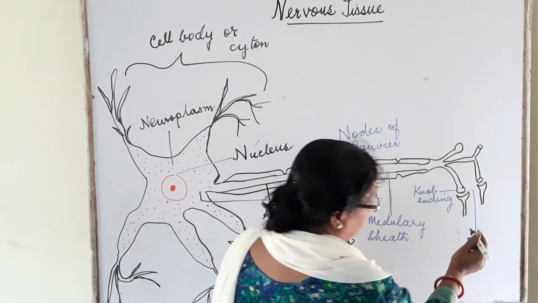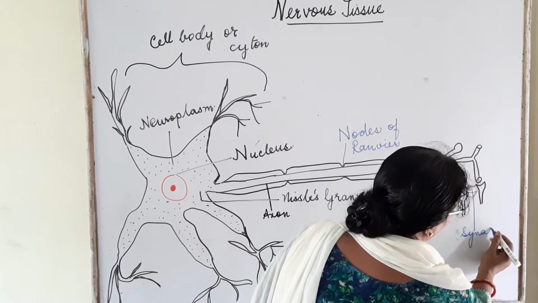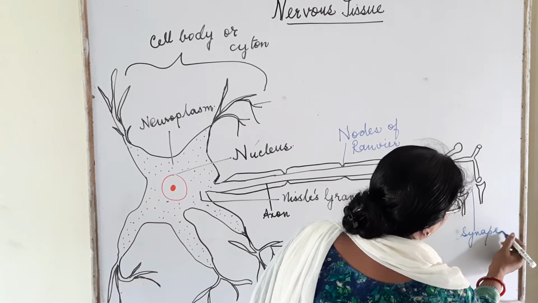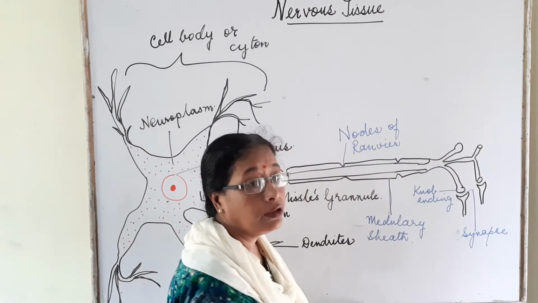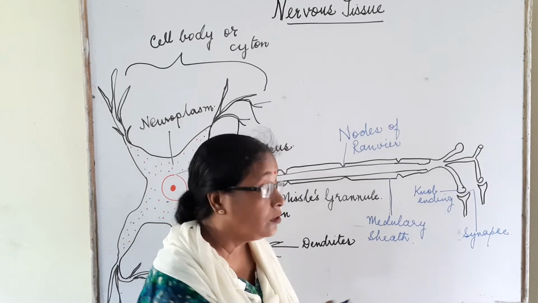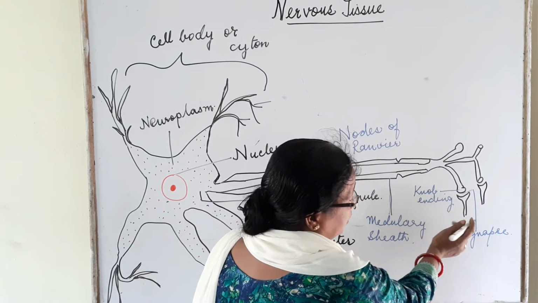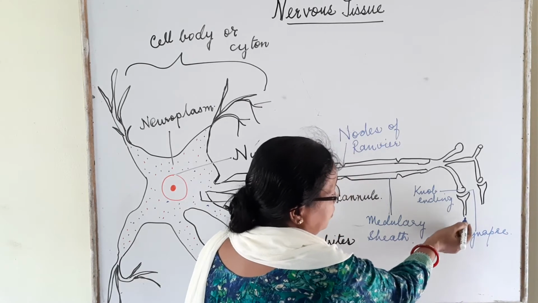The space between the two neurons, or the junction between the two neurons, is known as synapse. This synapse transmits impulses to another nerve.